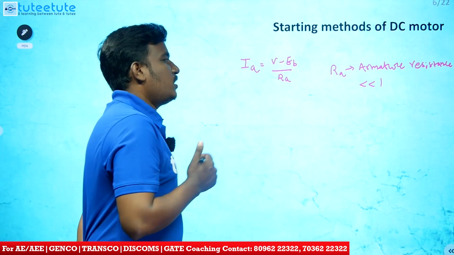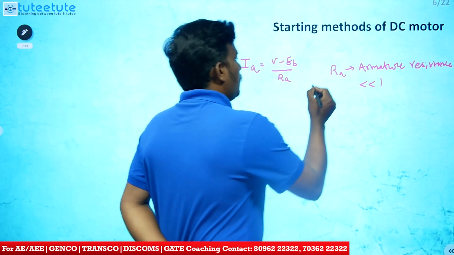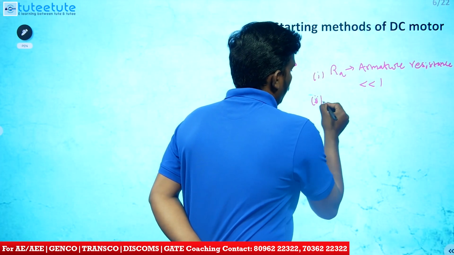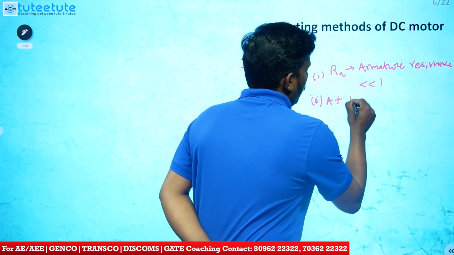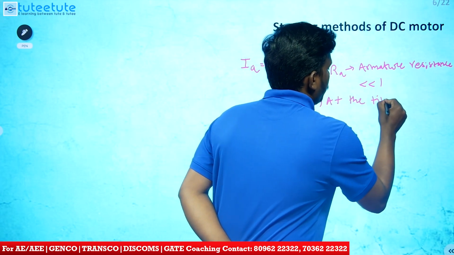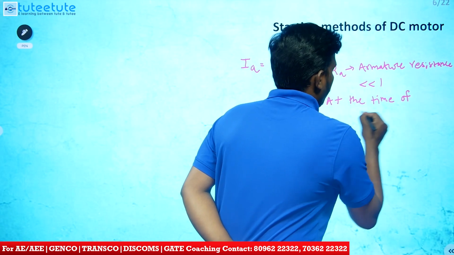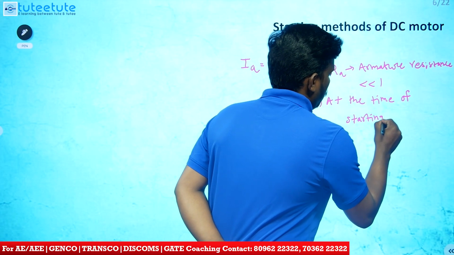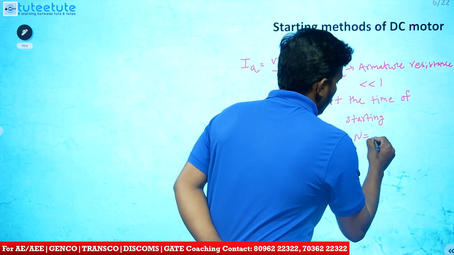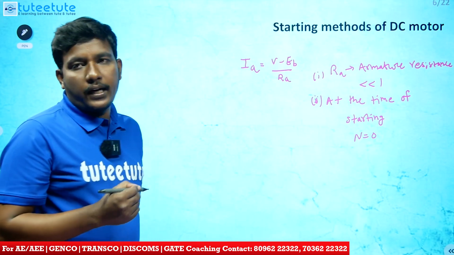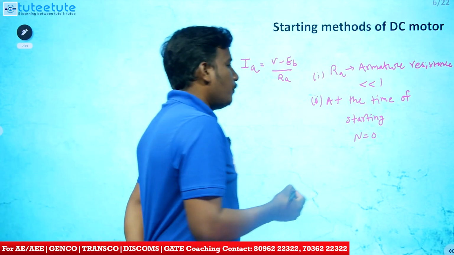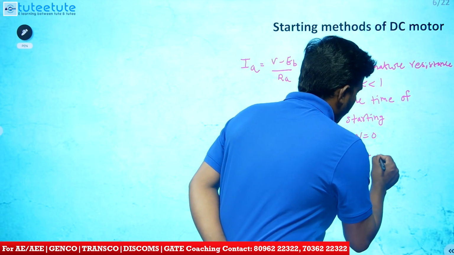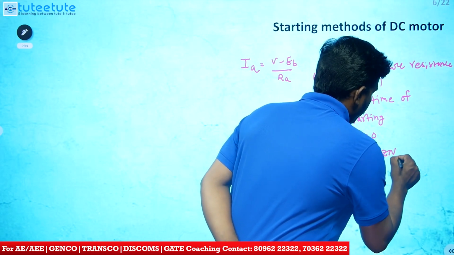This is the first consideration. The second consideration is that at the time of starting, speed is equal to 0. We know the relation Eb equals phi Z N P by 60A.